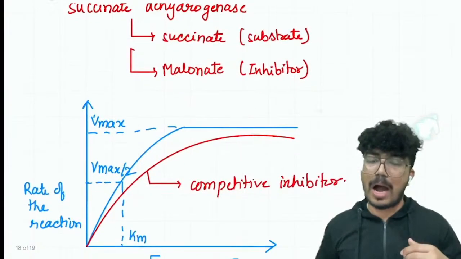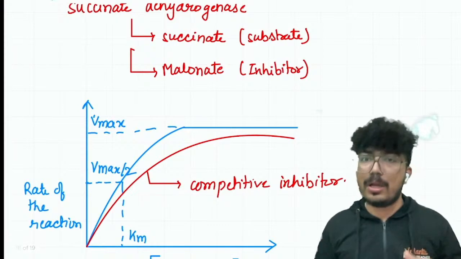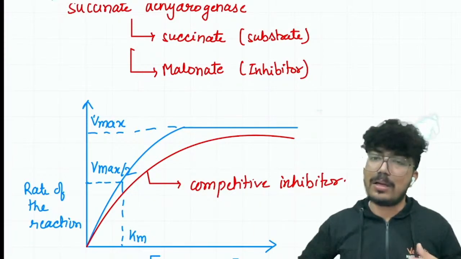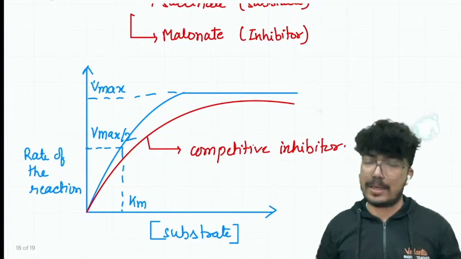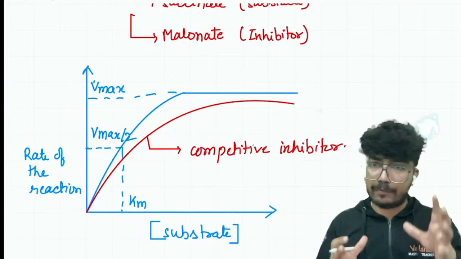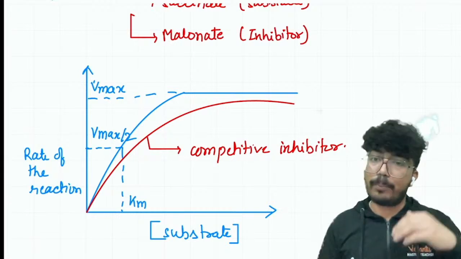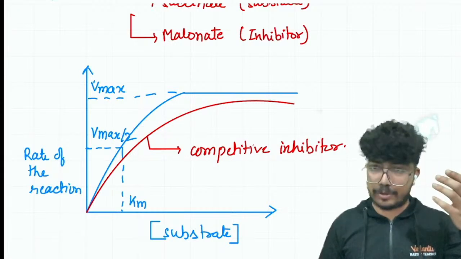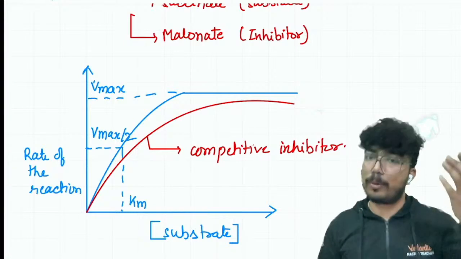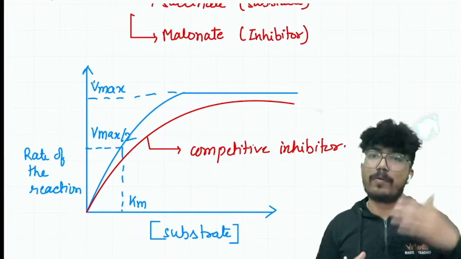Okay, so how can we overcome competitive inhibition? We can simply overcome it by increasing the concentration of the substrate, right? So if the mixture is going to be saturated with the substrate, the probability of the substrate binding to the enzyme with respect to the inhibitor will increase. That's how we can overcome competitive inhibition.